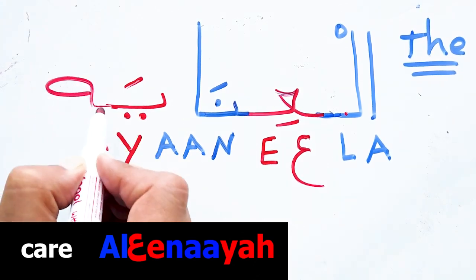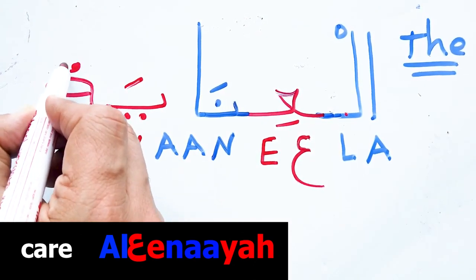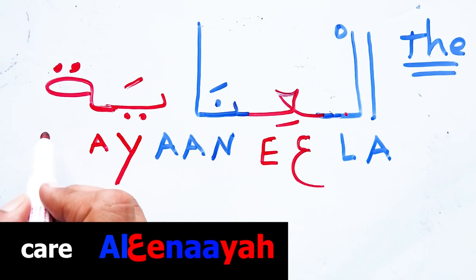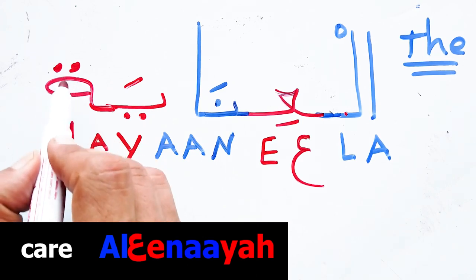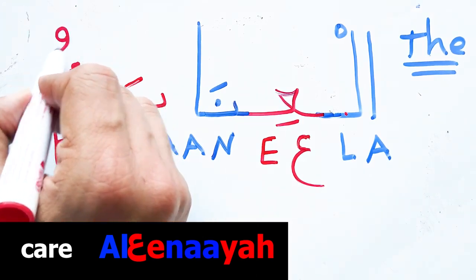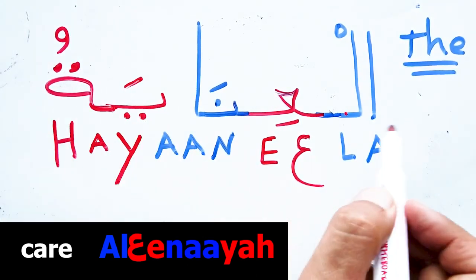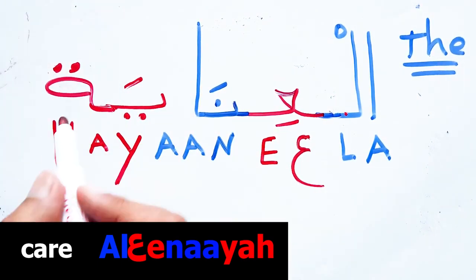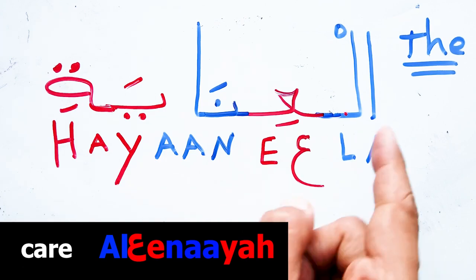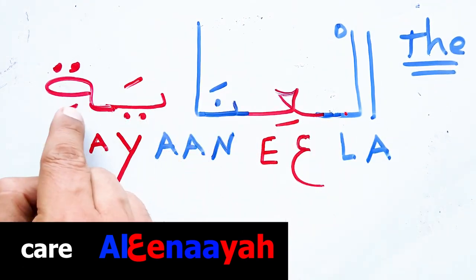So we have ta marbuta. In the end, it will sound like H. It could sound like T. It is ta. If there is dhamma, it will be tu. Al-'inayatu. If I remove this dhamma and I add kasra, it will be al-'inayati.